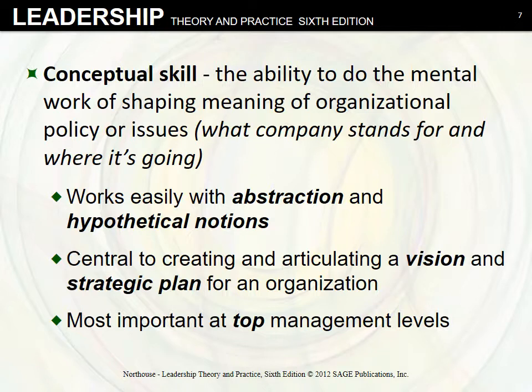You're shaping a concept of what needs to be done now and in the future. And you're thinking through that with hypothetical notions. And so this is central to planning in an organization, being able to conceptualize where we're going.